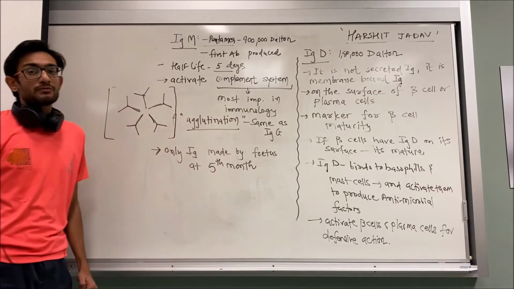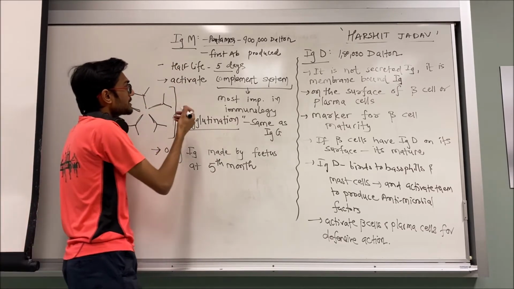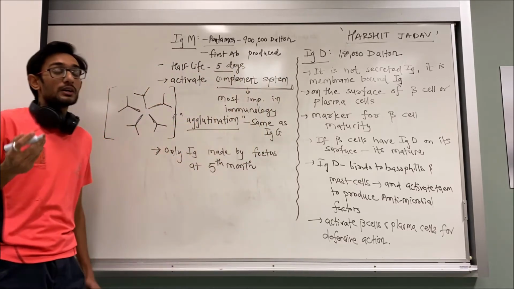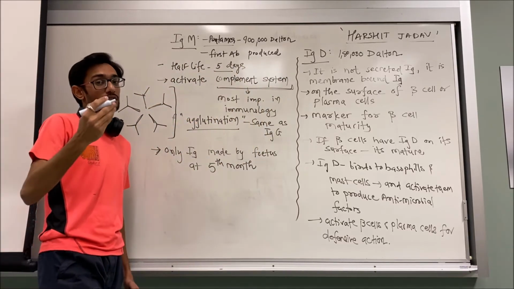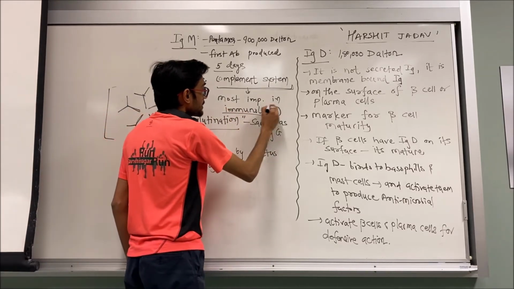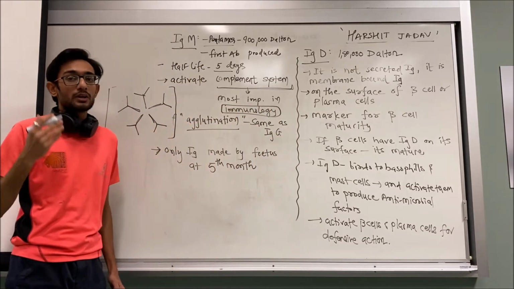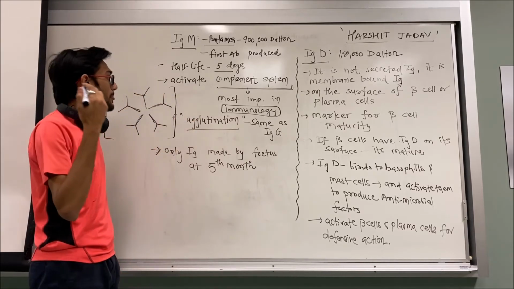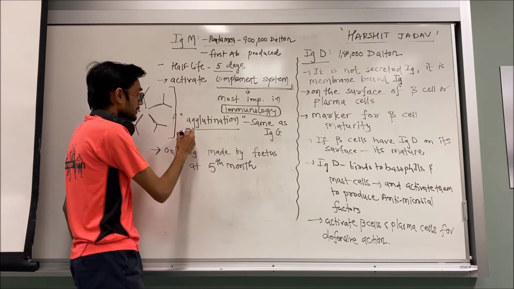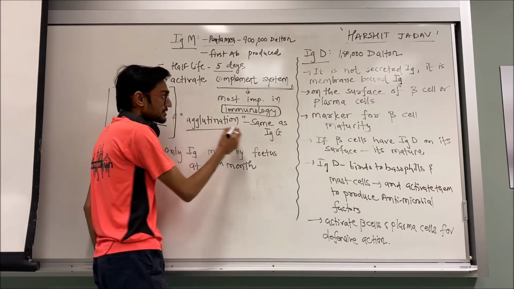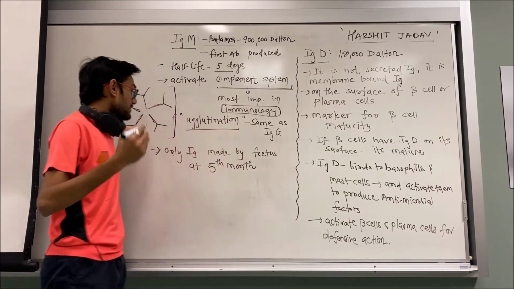So what is its function? The main function of IgM is to activate the complement system. Now the complement system is a major system which happens inside our body in immunology. It is one of the most important defensive mechanisms, so please learn about this complement system. Also it does agglutination. We already saw what agglutination is, same as IgG.